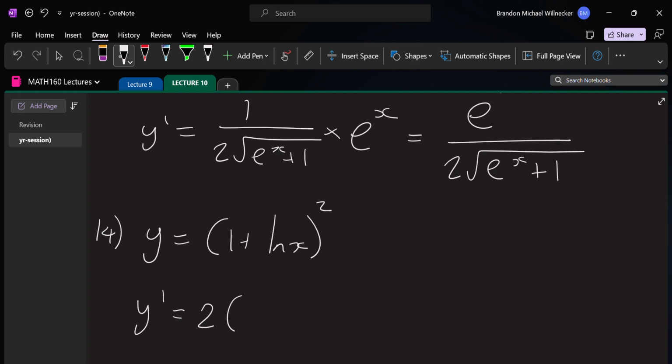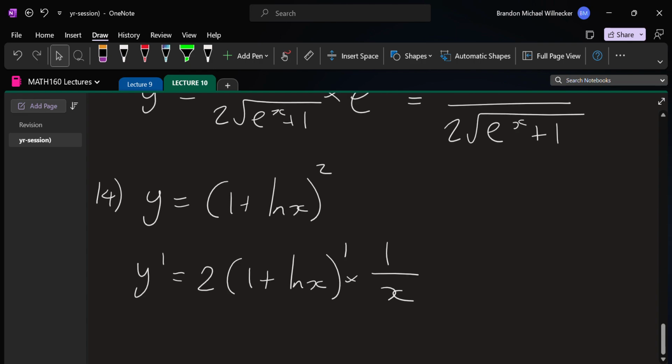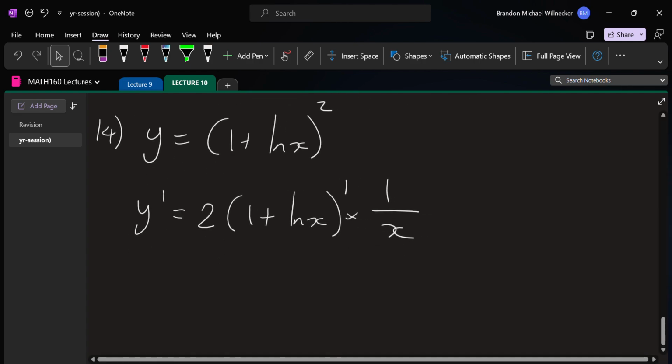So y prime, the derivative of something squared, we take the 2 down, so that's going to be 2 times (1 plus the natural log of x) to the 1. If you want to write that down, that's fine. If you want to leave the 1, that's fine as well. Times the derivative of the inside part, that's just 1 over x. Okay, please don't forget to differentiate the inside part. Any issues with this one?